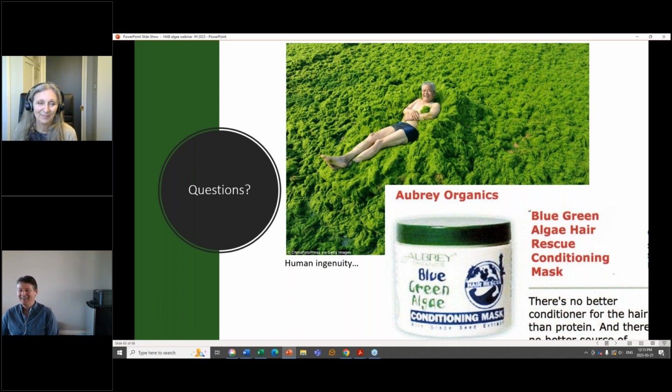Excellent. And another question here, it's in relation to copper sulfate. Is it still available or used for algal control? Yes, it's still available. It's still not a good idea. It's an absolute last resort because copper is toxic, and at a certain dose, humans could take quite a lot of it.